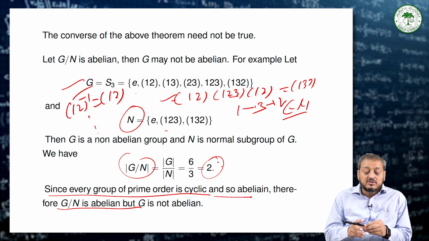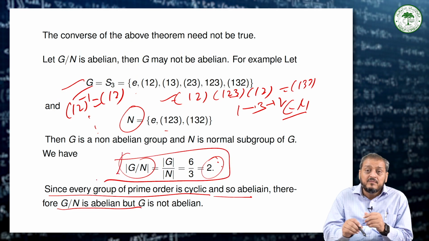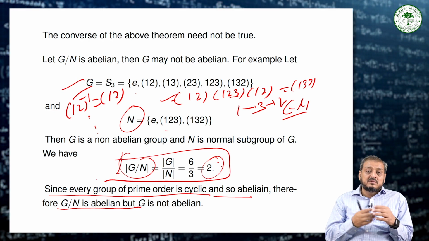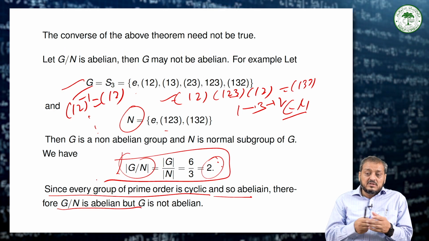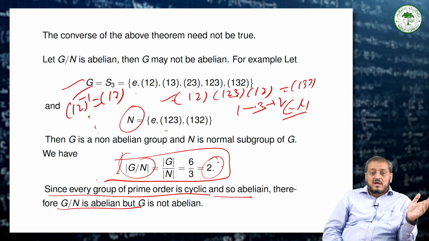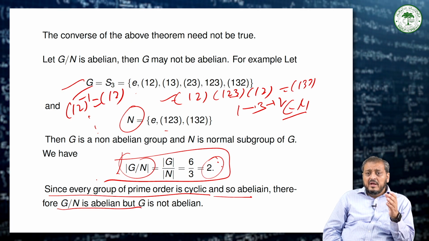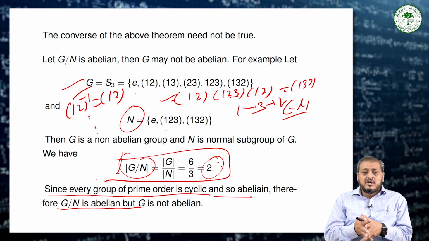So we can simply say that we found an example where G/N is abelian, but the original group G is not abelian. So if G is a group and N is a normal subgroup of G, and G is abelian, then G/N is abelian.